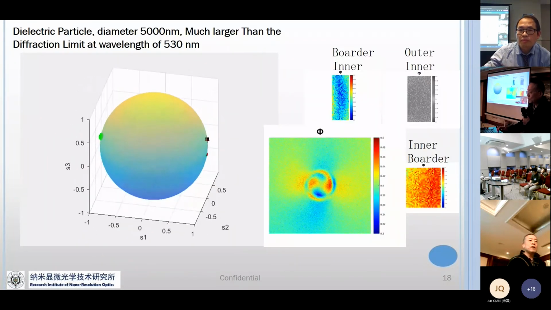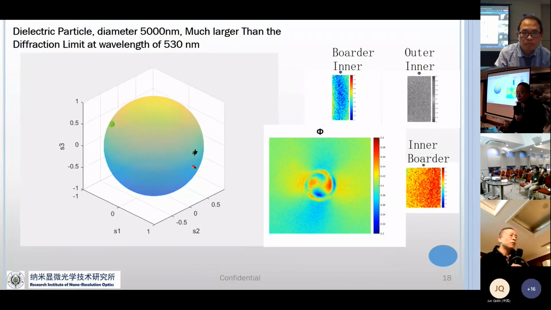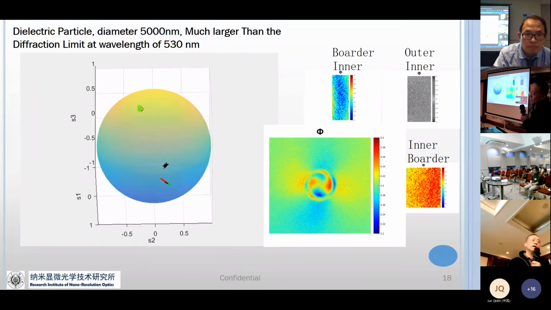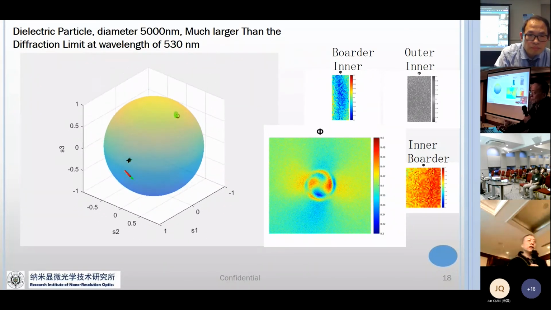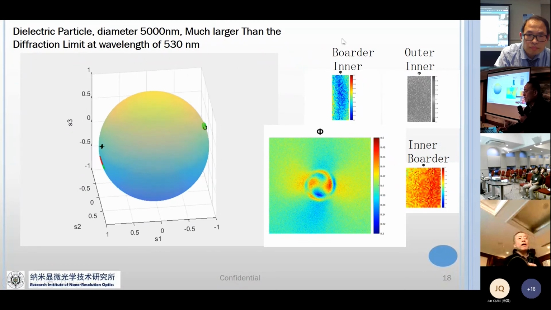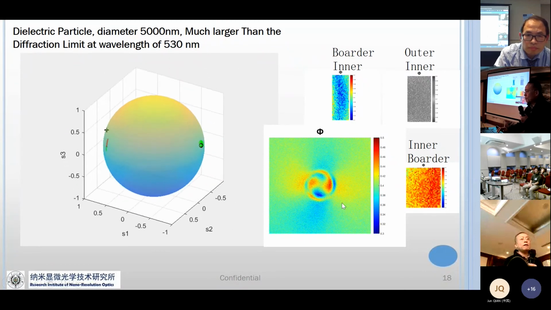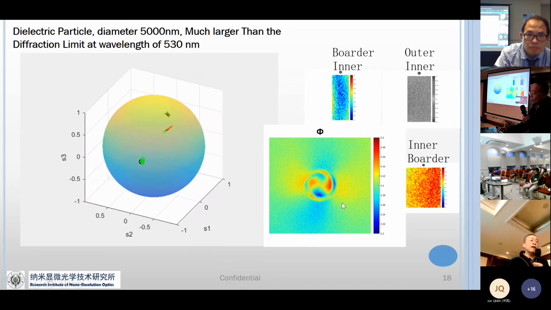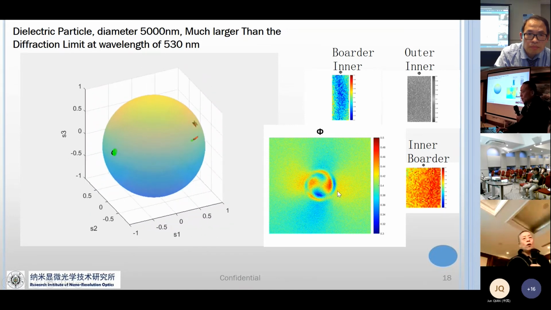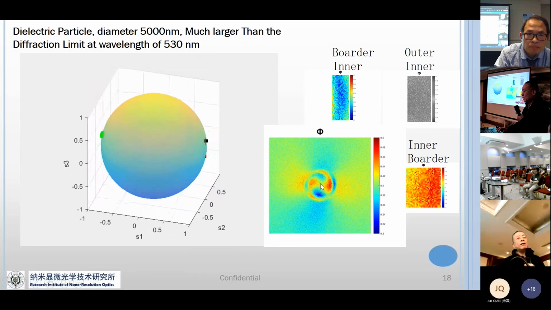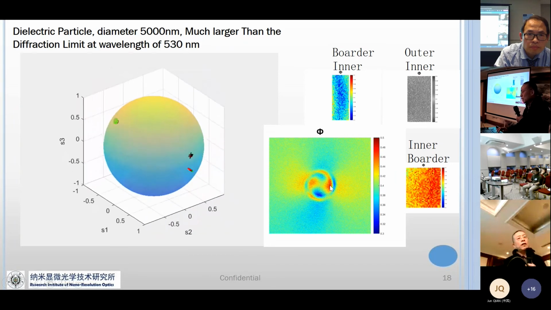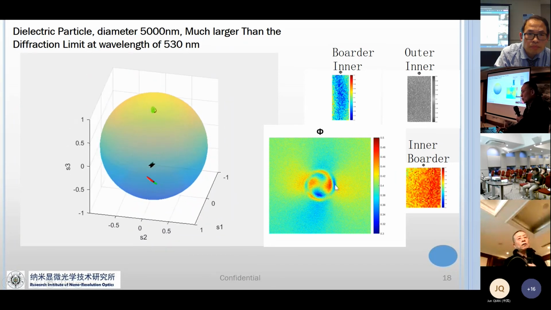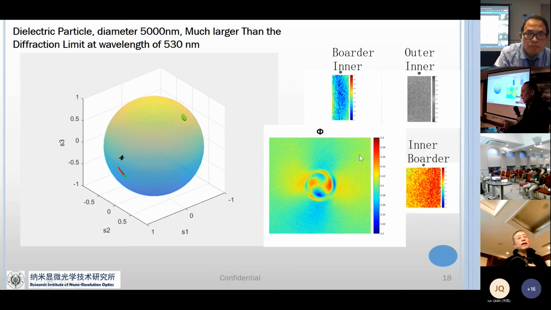So here is the 5 micron, 10 times the wavelength. Same wavelength. Then we see multiple modes being excited. There is an inner mode, an inner border mode, an outer border mode, and the outer scattering mode.